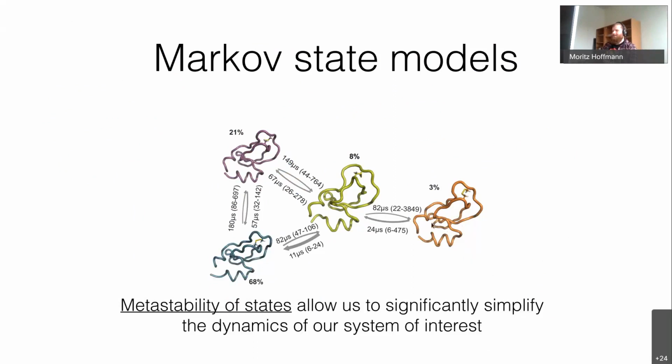Or here, in this case, which is again BPTI, we would have 4 states. And then we can look at the transitions between them and transition rates between, for instance, this yellow state and a blue state. So all in all, we can simplify what we have simulated and then begin to understand what it actually does, right?